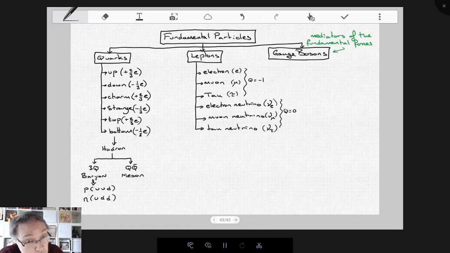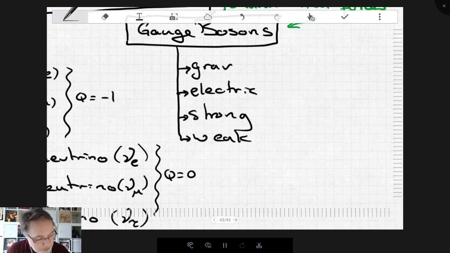There are 4 known fundamental forces: the gravitational force, the electric force or the electromagnetic force, the strong force, and the weak force. And the gravitational force is created by the exchange of what's called gravitons, which we have not yet discovered.